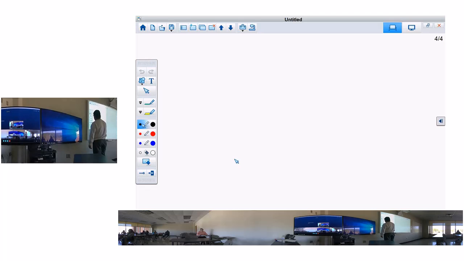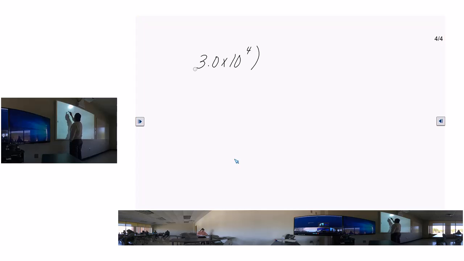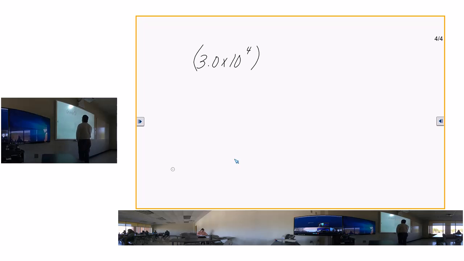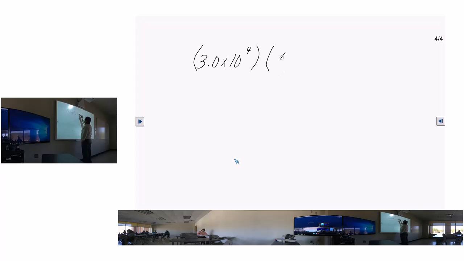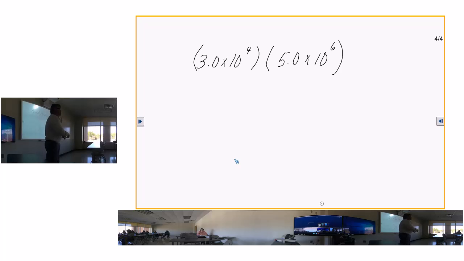Here we go. 3.0 times 10 to the 4th multiplied by 5.0 times 10 to the 6th. Now, how do you do these problems? I'm fixing to show you. All right, there's 3 things that you do. Well, 2 things that you do. 1 is you multiply the numbers.